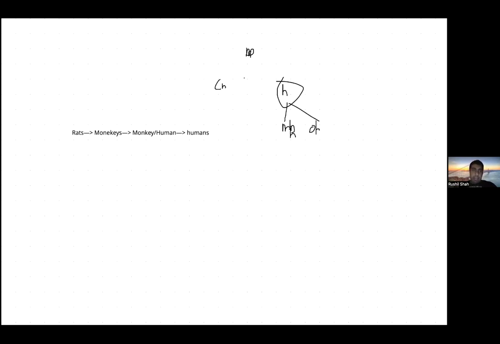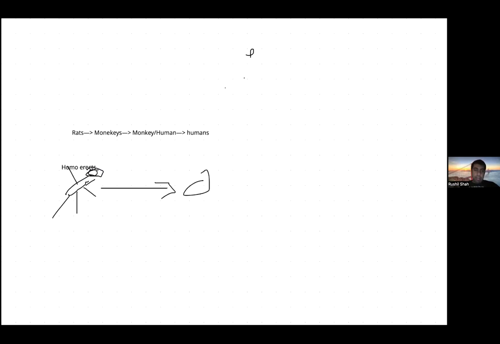I'll get to how society evolved later on, but we had the Homo erectus first. So it was these guys at first, which were known as the Homo erectus, and then we got to Homo sapiens, who were eventually standing upright.